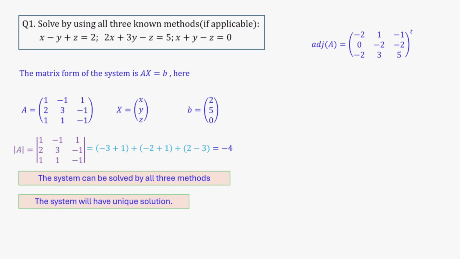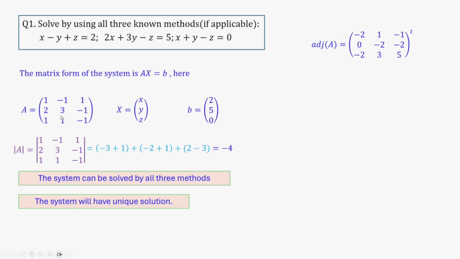First, we will calculate the inverse of A. For that, we will calculate the adjoint of A. The adjoint of A is built from the cofactor matrix for all entries. So it will be 3 minus 1, 1 minus 1, so it will be minus 2. In the same way we calculate the cofactor for all entries.